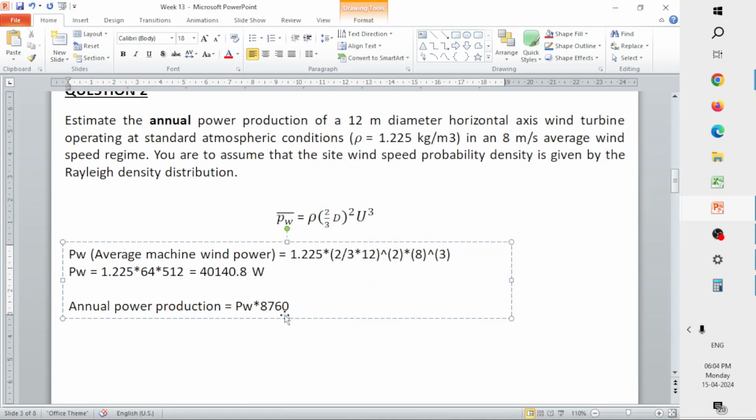So whenever there is a question on annual power production, you need to calculate the average machine power that you get. Once you calculate that, you are supposed to multiply that with the 8760 factor. So 8760 hours are present in 1 year.